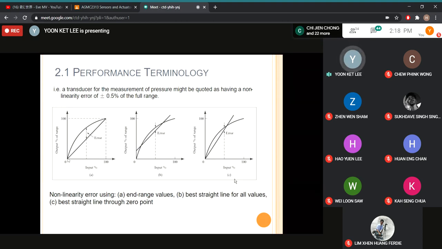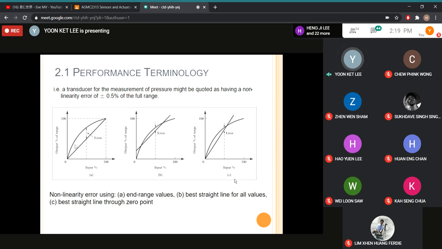If you connect the points like this, then the actual one will be like this. This error is due to you assuming that your line is a linear line. But in fact, the error that you have is not linear. It's a hysteresis or decreasing error.